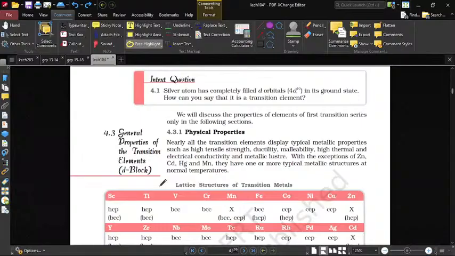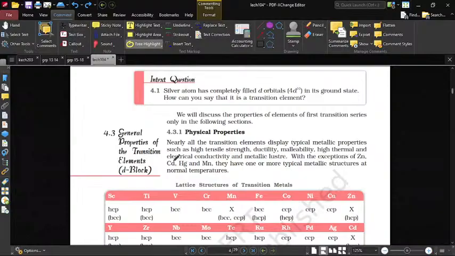We will discuss the properties of elements of the first transition series only in the following section. Physical properties. Nearly all the transition elements display typical metallic properties such as high tensile strength, ductility, malleability, high thermal and electrical conductivity, and metallic luster.